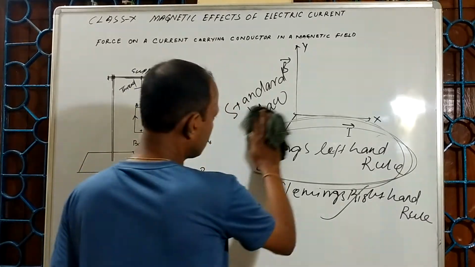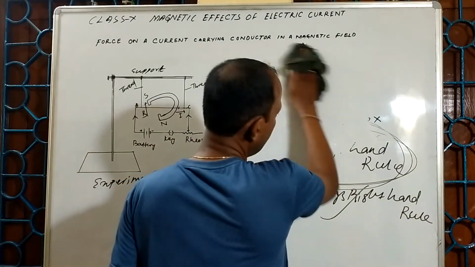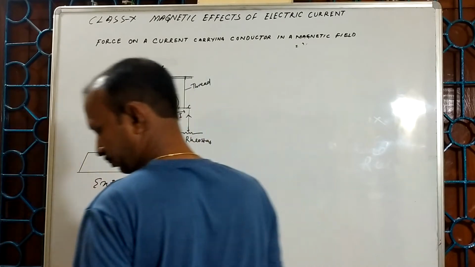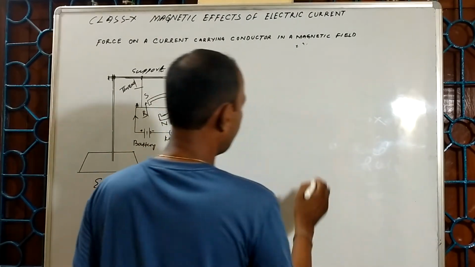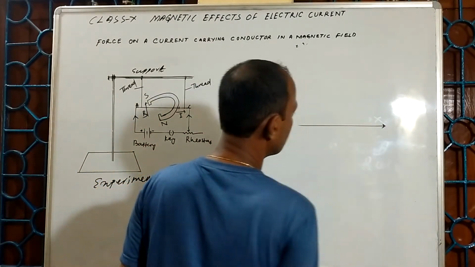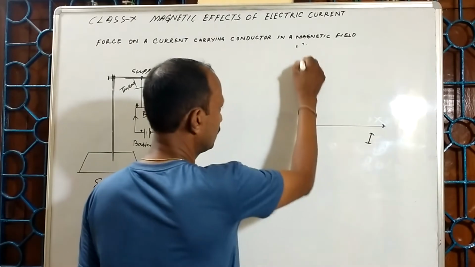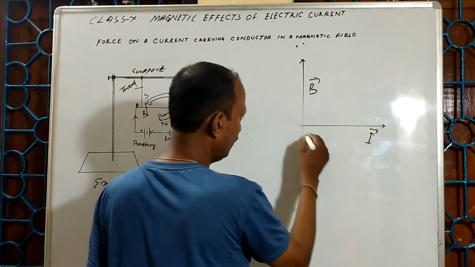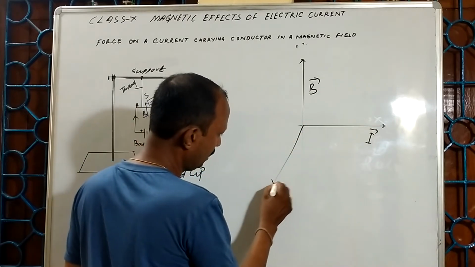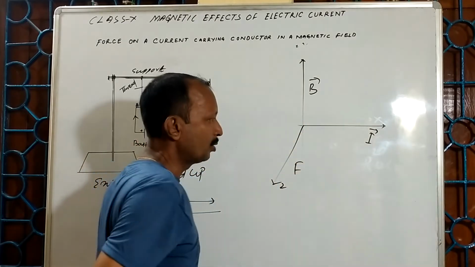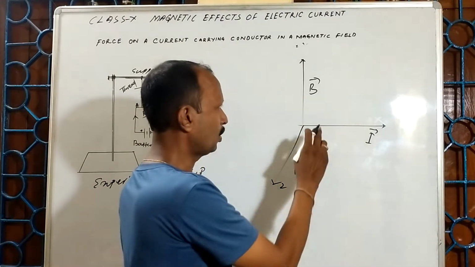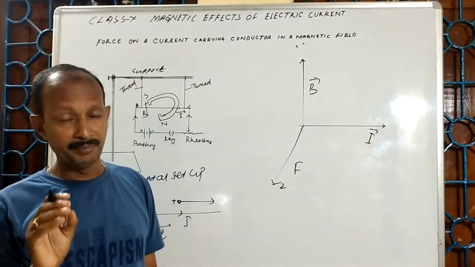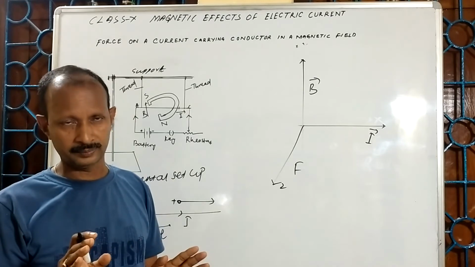Now let us discuss when these three are mutually perpendicular. This is the direction of the current. This is the direction of the magnetic field. This direction is the direction of the force. In this case, the current and field are mutually perpendicular.